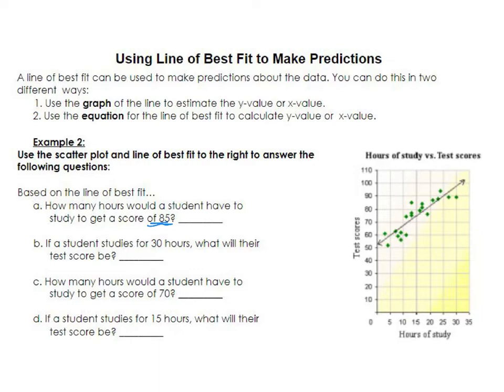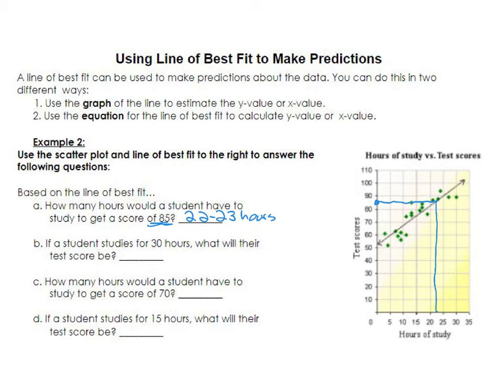So where is a score of 85? About here on your graph. We trace this over till we hit the line, and then trace down. That would probably be about 22 to 23 hours.